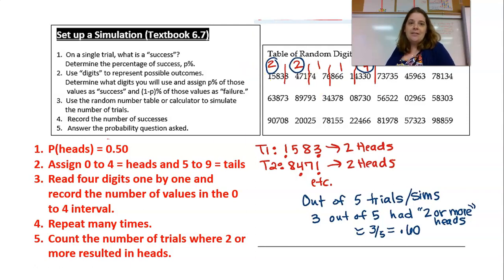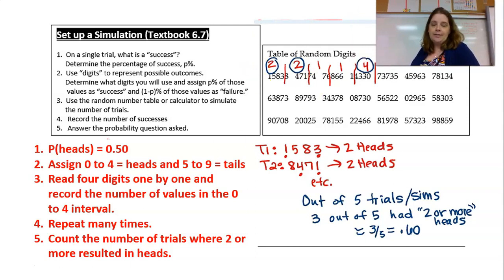All right, so I'm going to simulate actually doing this here. To set up a simulation using a table of random digits, here's what you're going to do. The first thing you want to do is, on a single trial, say what is the success rate? What is the probability of this thing I'm looking for? So I want to know the probability of getting heads. So that's 50%.